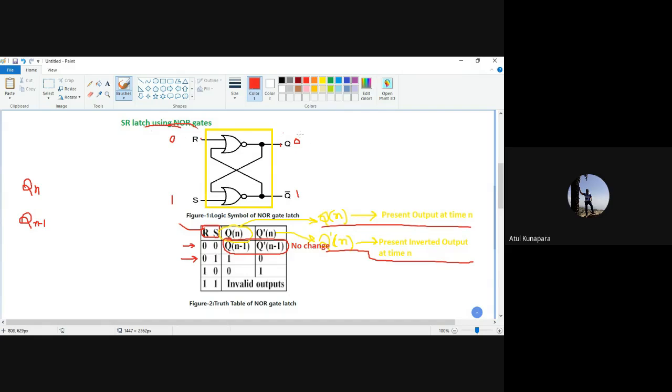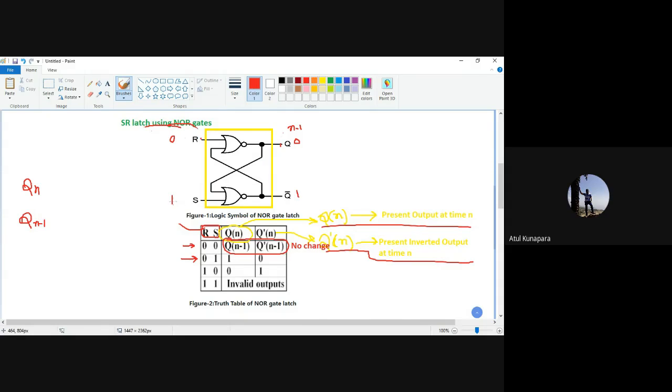What I'm writing down here is your n minus 1 condition. Before you apply this input, there was an input given 0, 0 as we have discussed, and so your output was 0 here and 1 over here. Let us say that was the condition.